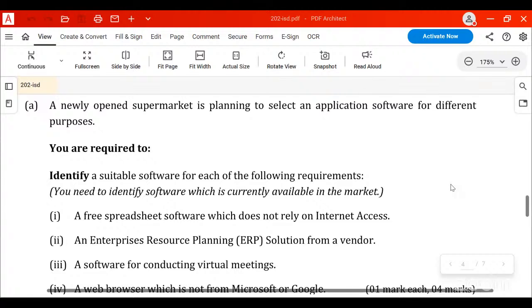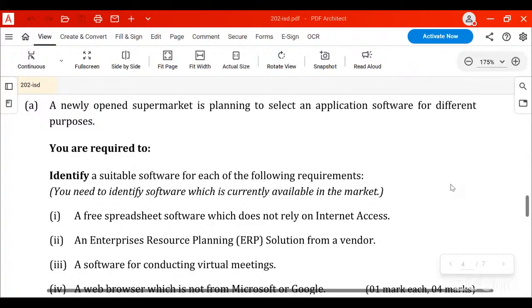Next, an ERP solution from a vendor. Mainly we have discussed 2: SAP and Oracle. Those are the main 2 ERP systems. Virtual meeting software: yes, Zoom, Teams, WebEx. Right?